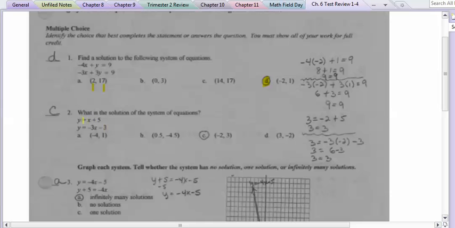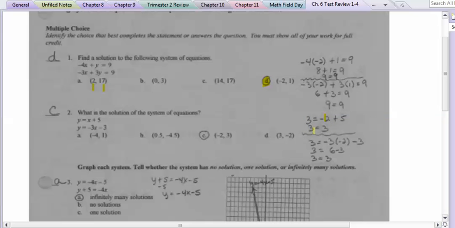But it's really the substitution method with an answer choice. As an alternate, you can just take your ordered pair, since it's multiple choice, and plug them in to see when you get something that's true. So -2 goes where the x is, right here, and then 5, and then I put the 3 where the y is, did the math, and got 3 is equal to 3.